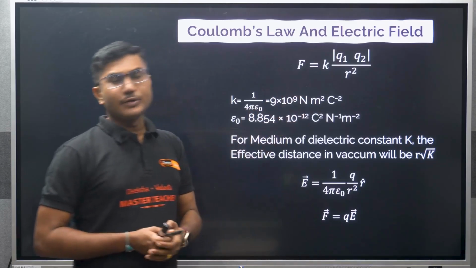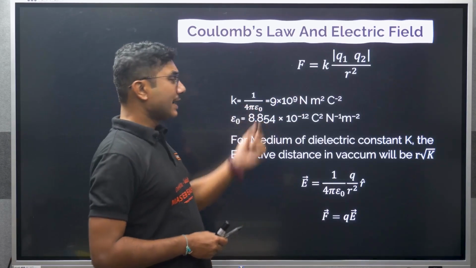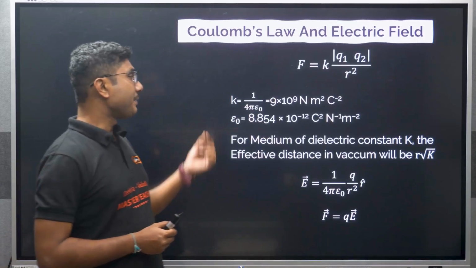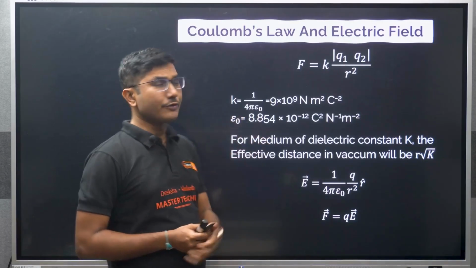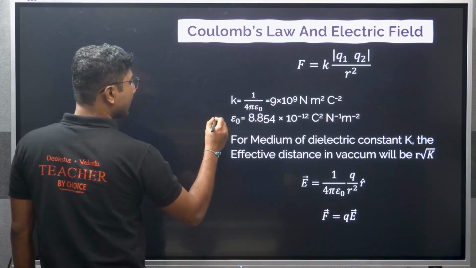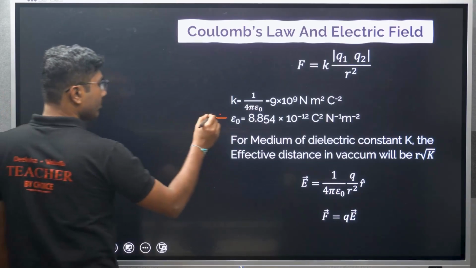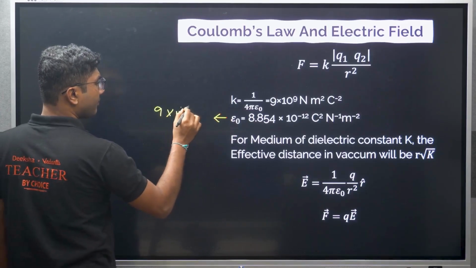The unit is Newton meter square per Coulomb square, and this constant epsilon naught is called free space permittivity. Its value is approximately 8.854 into 10 to the power of minus 12. In some numerical cases, you can even approximate this value to be 9 into 10 to the power of minus 12.